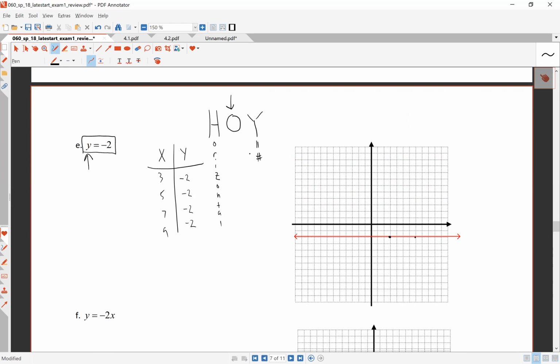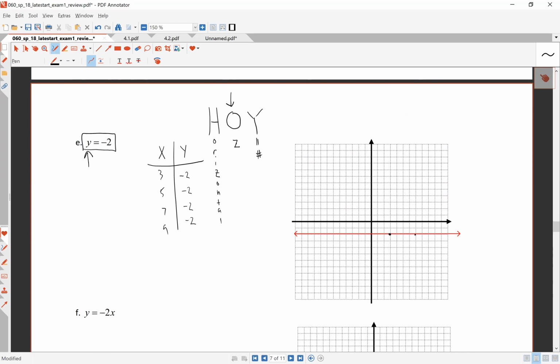No. It's really a 0. Because the horizontal lines have zero slope. Zero slope because if you talk about rise and run, in going from any point to another point, you're not rising at all, you're just running some number like 4.